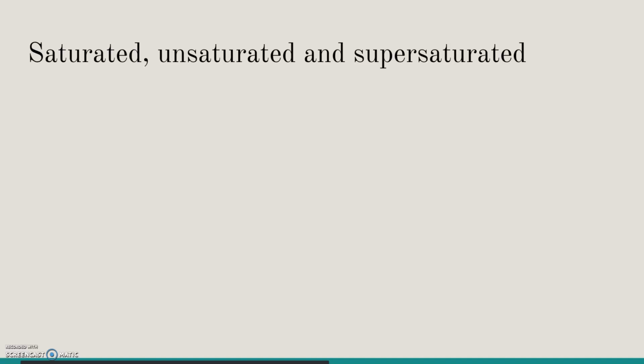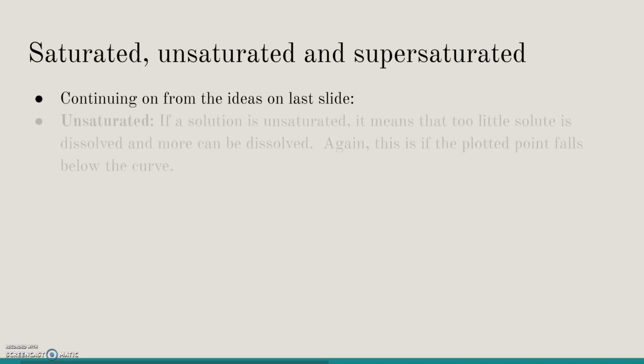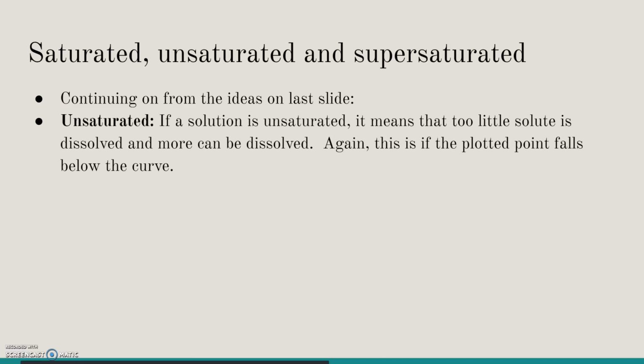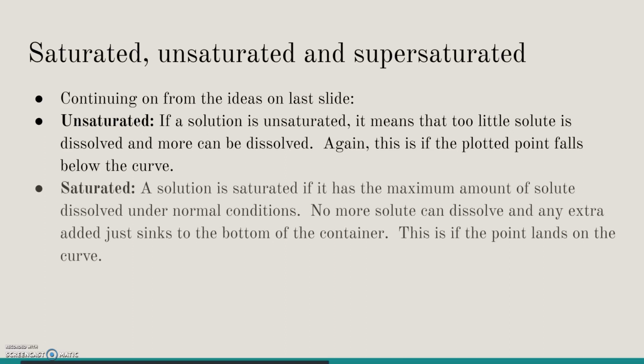Saturated, unsaturated, and supersaturated. Continuing on from the ideas of the last slide. Unsaturated. If a solution is unsaturated, it means that too little solute is dissolved and more can dissolve. Again, this is if the plotted point falls below the curve. Saturated.